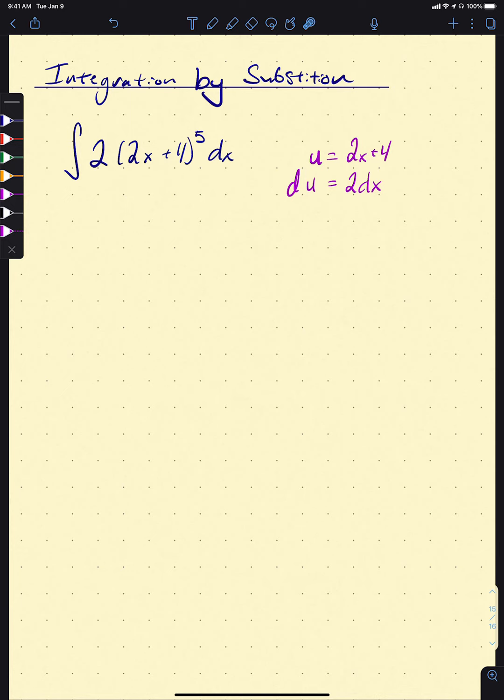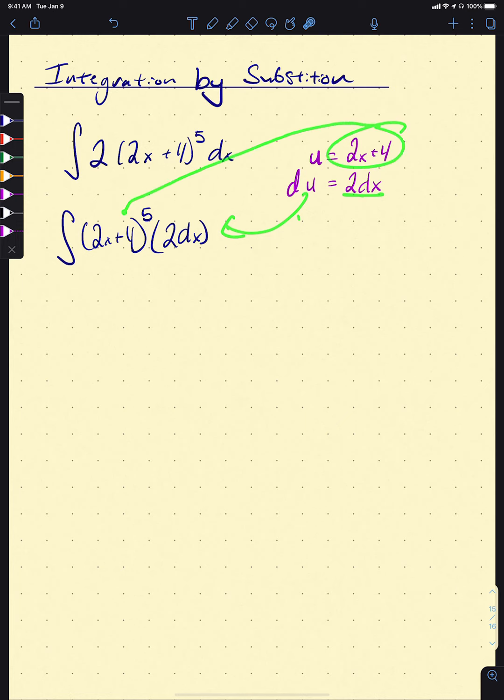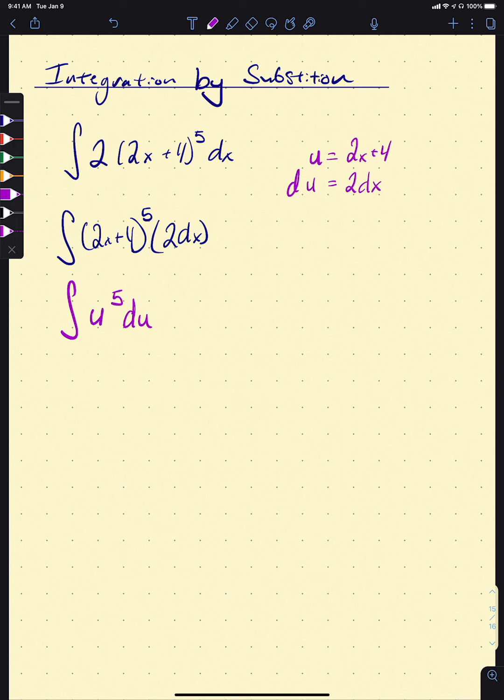Here's what I want you to notice. Let's rewrite this integral: the integral of (2x plus 4) to the fifth times 2 dx. We notice 2 dx is du, and 2x plus 4 is u. So this is the antiderivative of u to the fifth du, and we can evaluate that super easily.